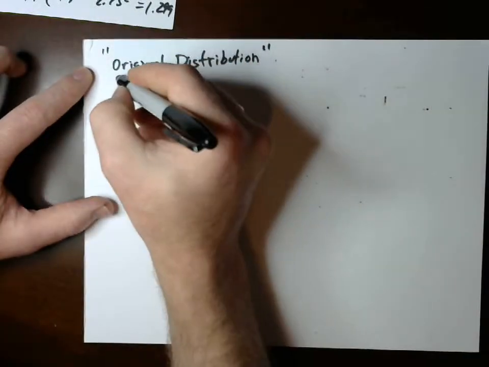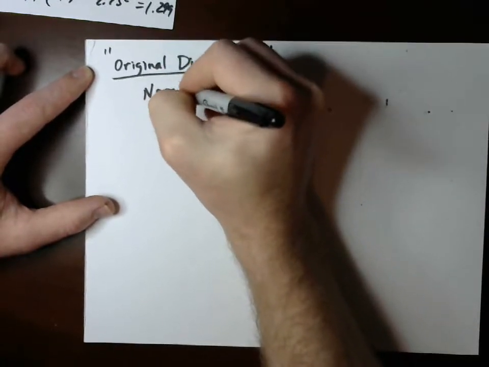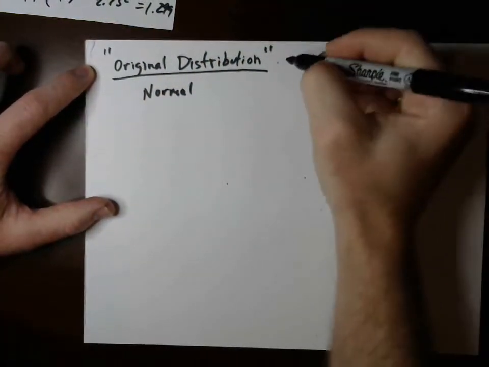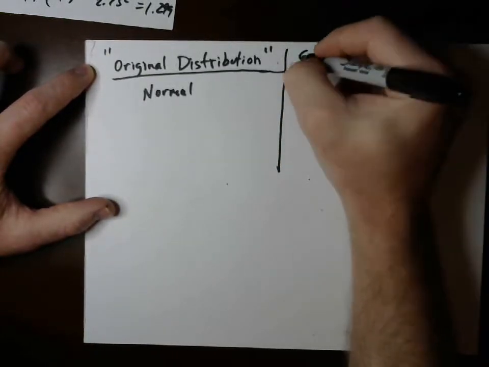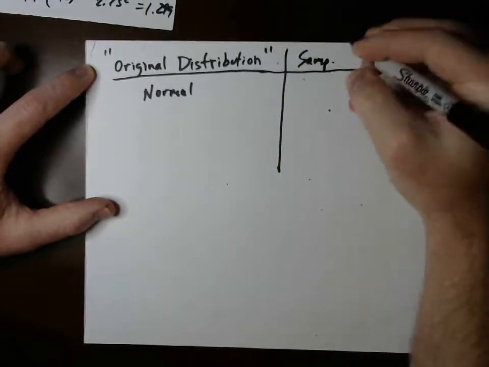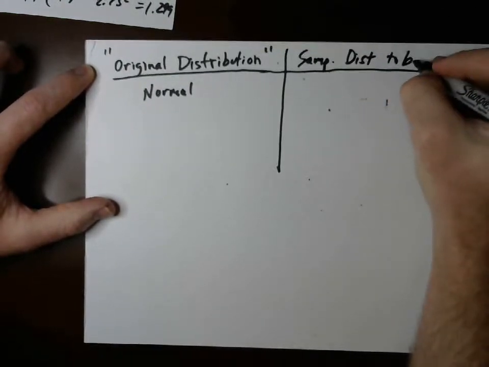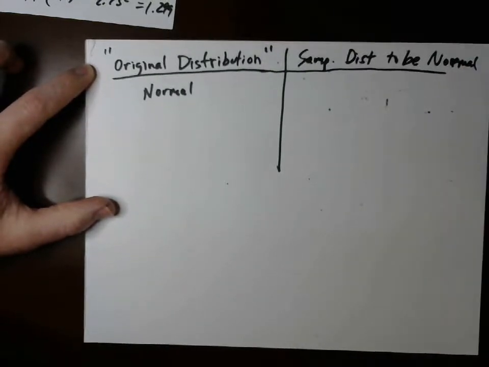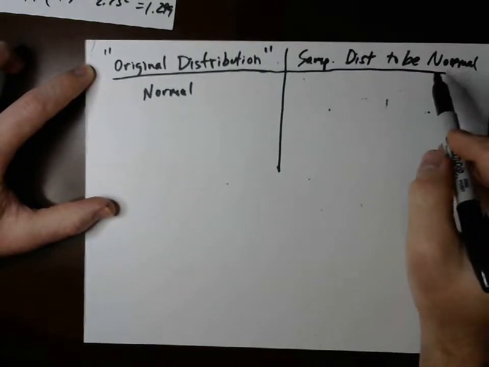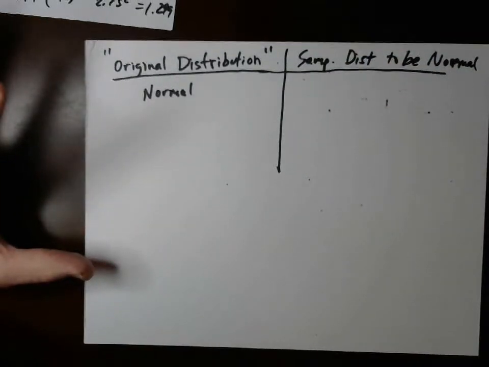If the original distribution is normal, okay, so we know it's normal, then in order for the sampling distribution to be normal, we must have a large enough sample size.